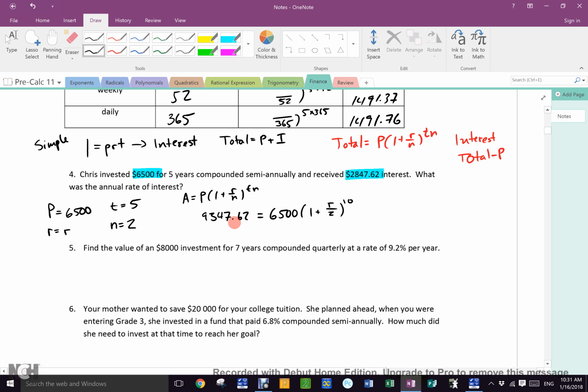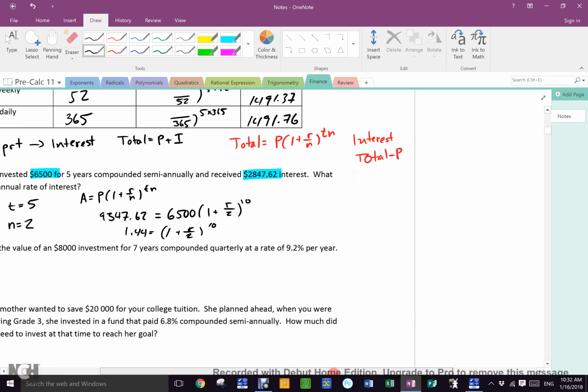What's that give me? $1.44 equals 1 plus r over 2 all to the 10th power. Right? Everybody cool?